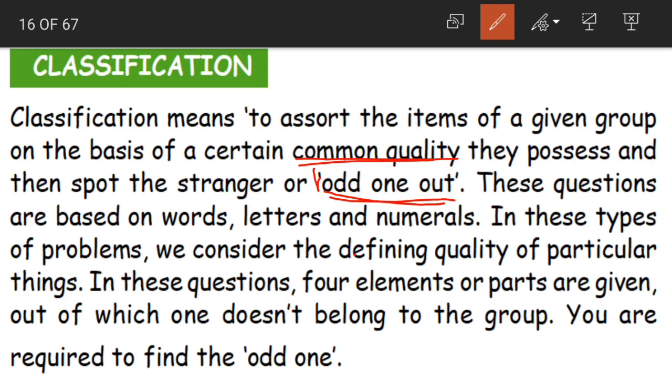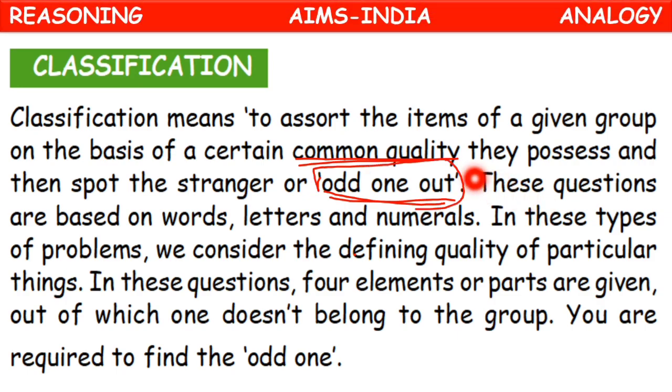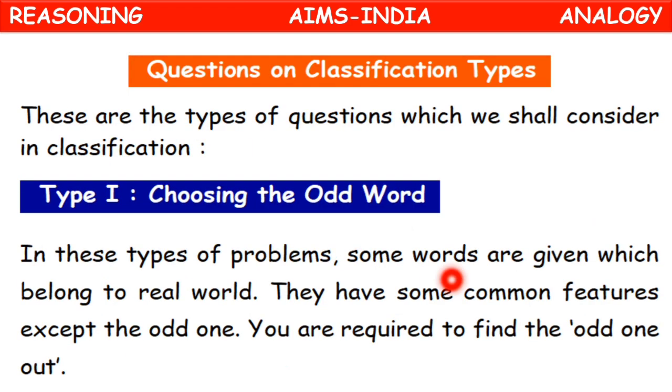Now that will be our odd one out. We have to assort, that means classify or group the items on the basis of a certain common quality they possess. Yes, from the given group, 3 elements will have that quality and the fourth one will not have that quality. So the one that does not have the quality will be our odd one out.